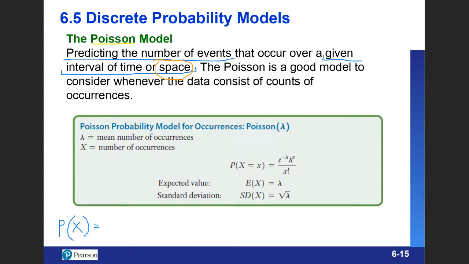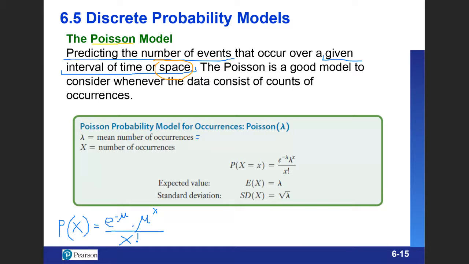Okay, so the numerator is e raised to the power negative mu times mu raised to the power x, the whole thing divided by x factorial. So you can see a lot going on, but it's not very different from what's in this little green box. Instead of lambda, which they have written, I'm using mu.